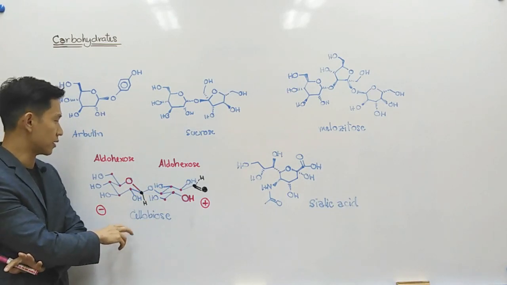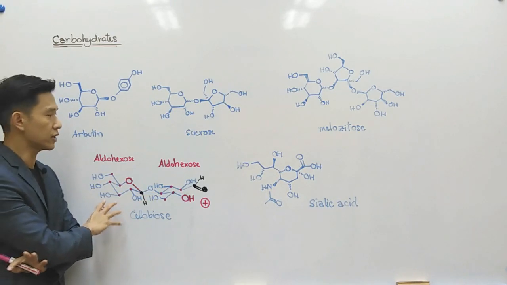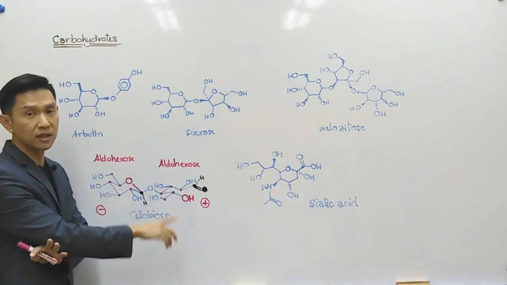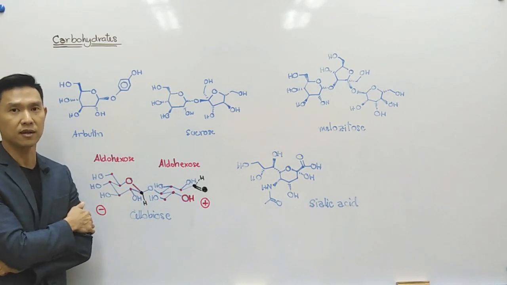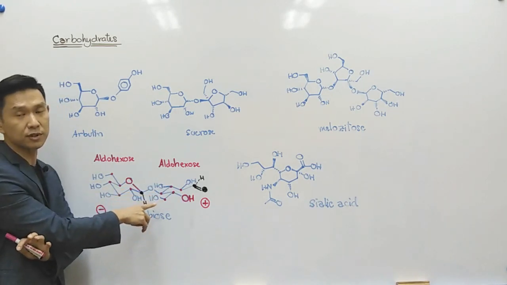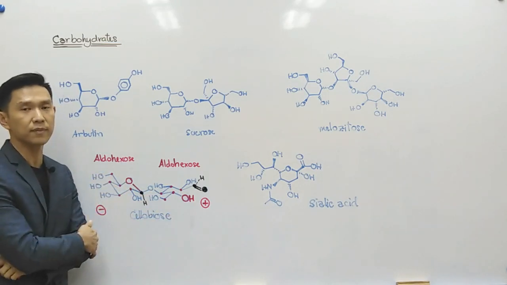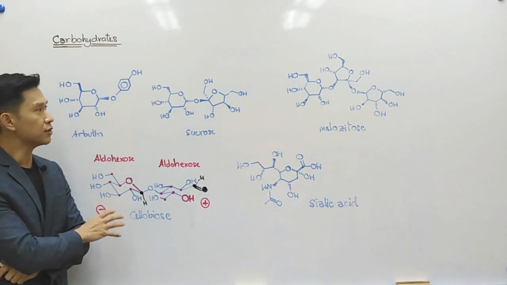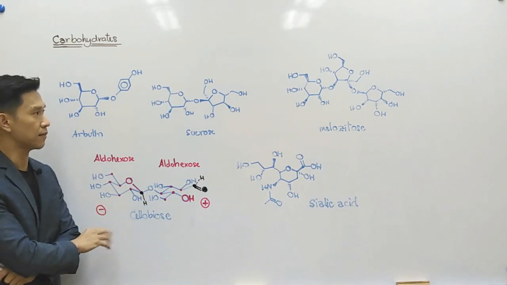And identify whether the ring can be opened or not. If it can be opened out like this, it undergoes oxidation, and it is positive to the Benedict test. But if the ring is closed forever, because the OH is substituted with something else like this, then it is negative to the Benedict test. So this is what I want you to do, okay, as homework.